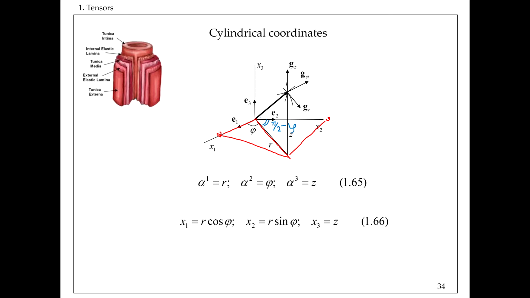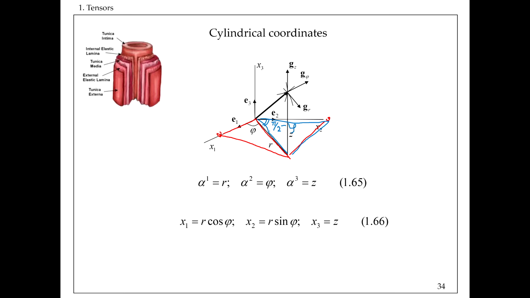Therefore, this side of that new triangle, apologies, the lines are not straight as they were meant to be, will be r multiplied by the cosine of this angle.